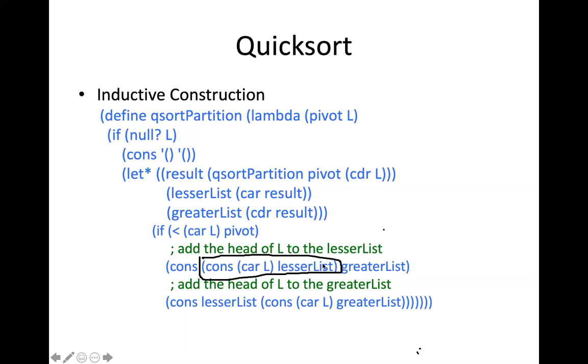And we're consing that with the greater list. If it's not less than, then you can see anything greater than or equal goes onto the greater list. So we cons the item onto the head of the greater list and cons that new greater list with the lesser list. So when we're done, we're going to come out with a partition of that list.